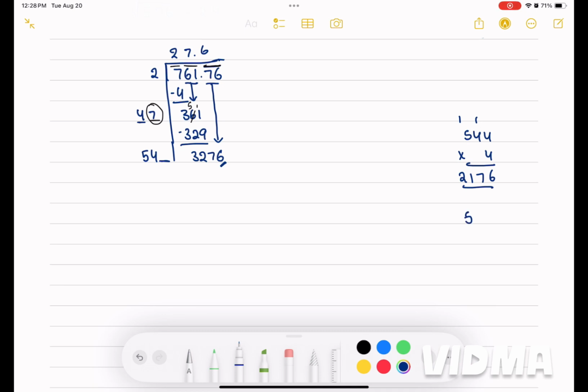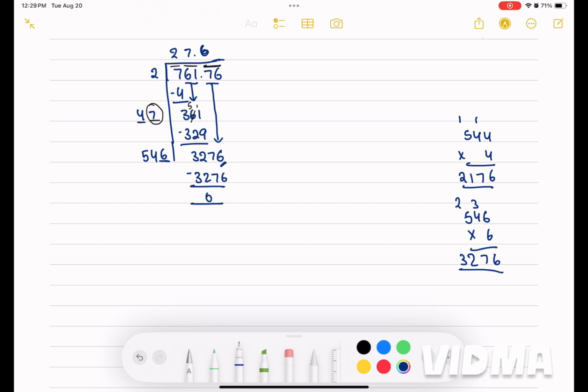Let's just try it once. 546 into 6. 3276. And 0. Perfect. 0.6. There you go. Our answer is ready.